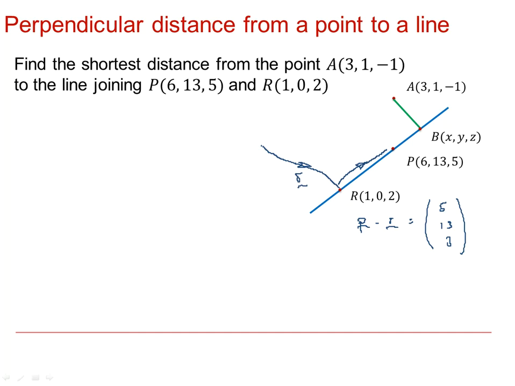In other words, we can say that a point on the line, OB, or the vector for OB, is the vector for a point that we know, (1, 0, 2), plus mu times the direction vector (5, 13, 3).